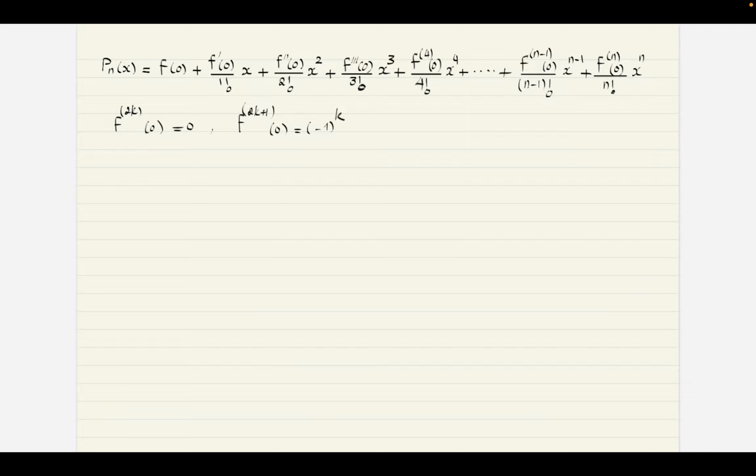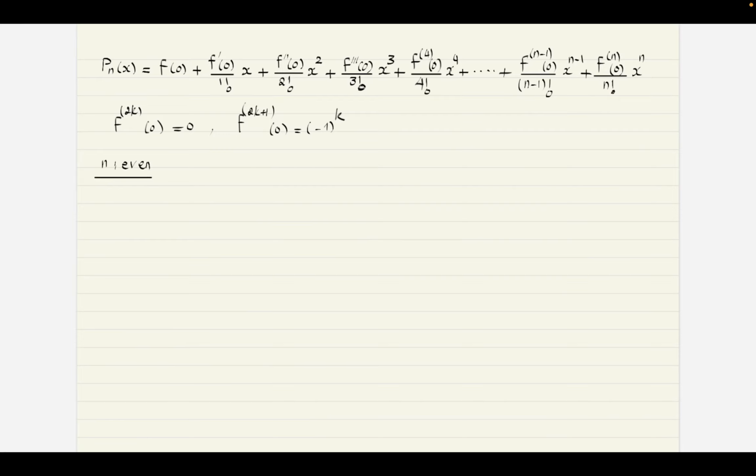If it is even, the last term will vanish. If n is odd, then this will survive, but this one will vanish. So somehow, hopefully, you are motivated to see that we have to separate the cases for the even case and odd case. So let me consider n to be even here, and consider this scenario first.